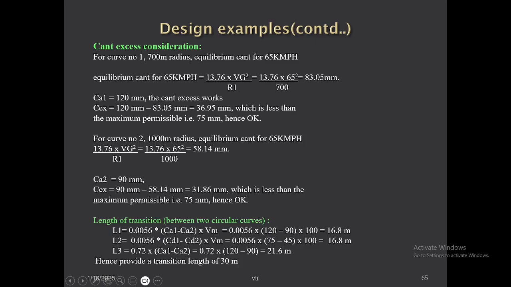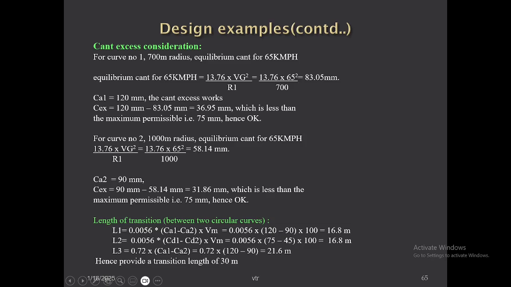Coming to curve number 2, here the radius is 1000 meter. We are finding the equilibrium cant, substituting 65 kmph, for the goods train, we get 58.14. So the cant actual, we have already calculated CA2 equal to 90 mm.